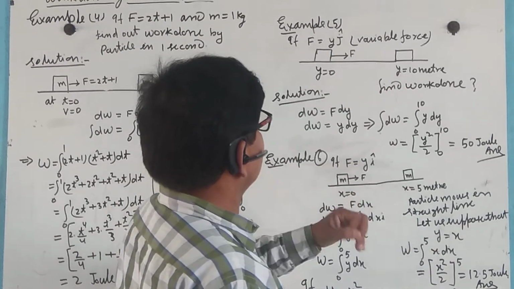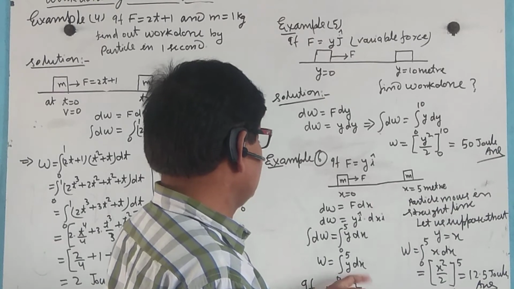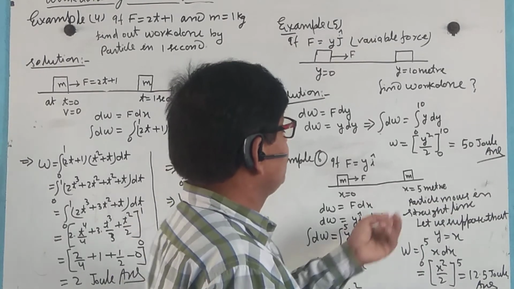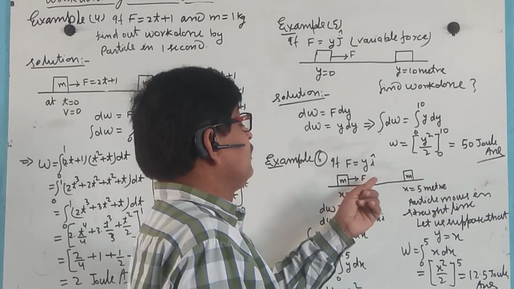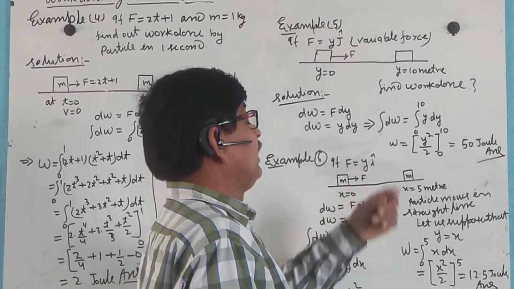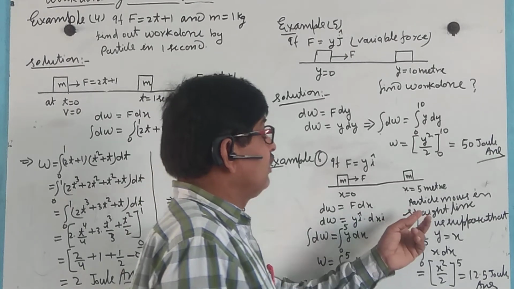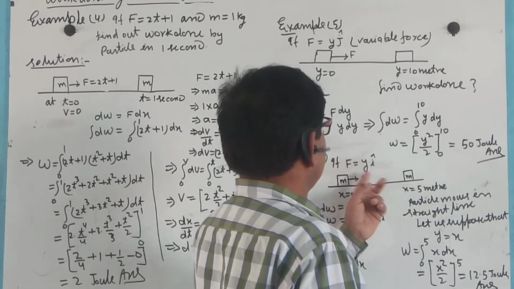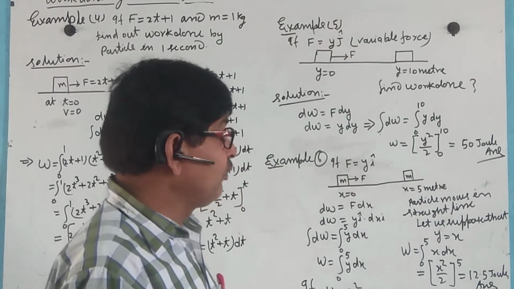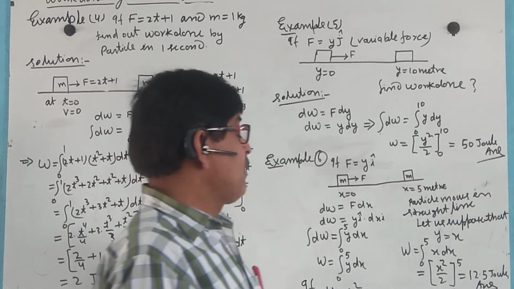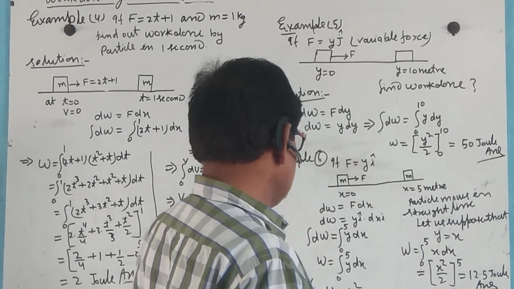As we know, the particle moves in a straight line, because only one component is given here. Let us suppose that y equal to x.